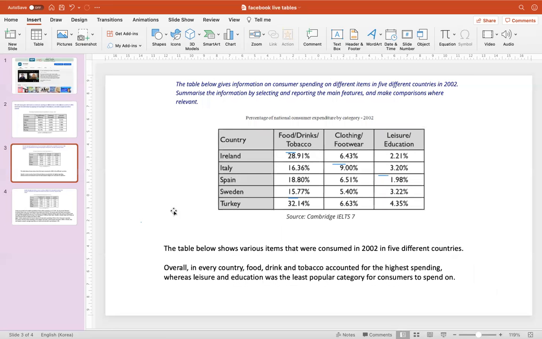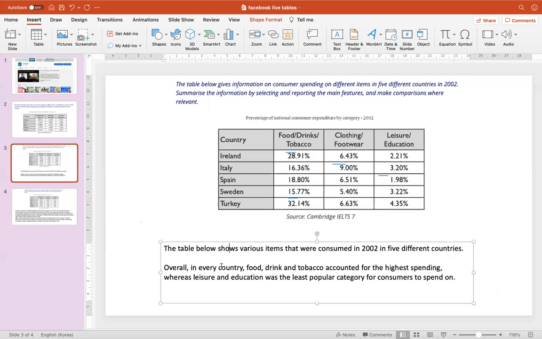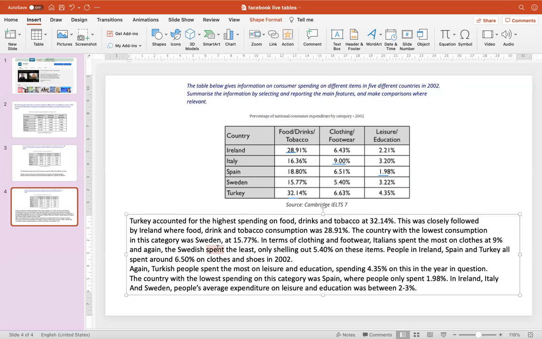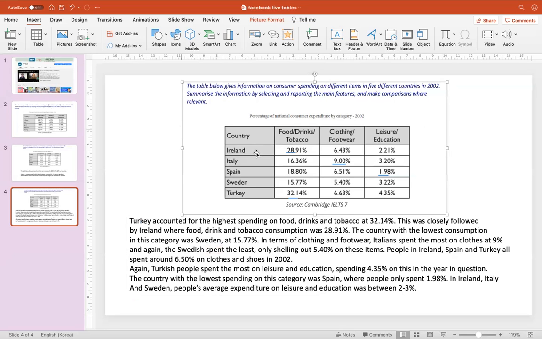So you do your introduction, you do your summary, your overview, and then you talk through. The way that I chose to do it in this case is talk through each category one by one. For me, that's logical. Remember, you always think about the person reading your answer. How are they going to understand this information in the clearest way?